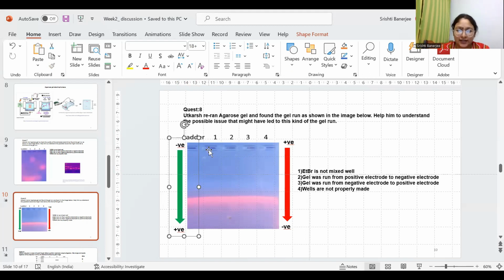You place the DNA here and your gel runs from here. But most of you might not be aware of this: ETBR is positively charged. If you change the electrodes, placing positive here and negative here, your DNA will go out of this well.